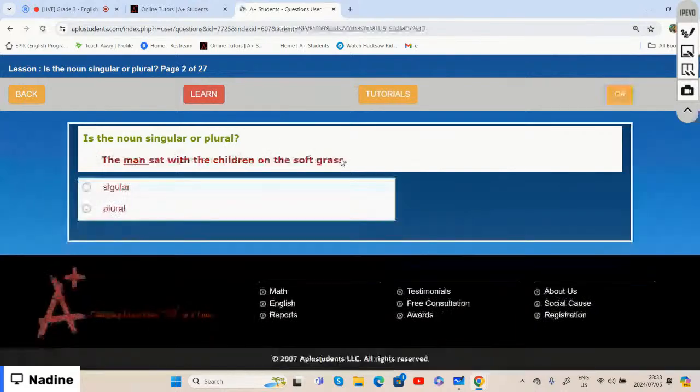The man sat with the children on the soft grass. Look at the word man, the noun man.